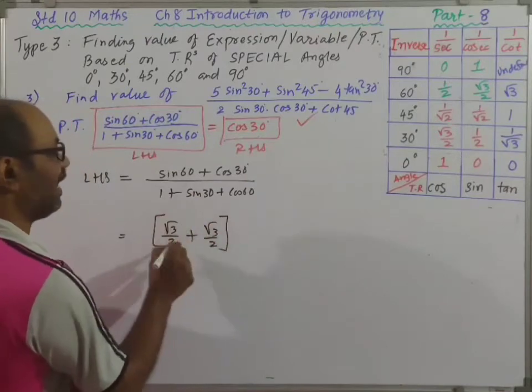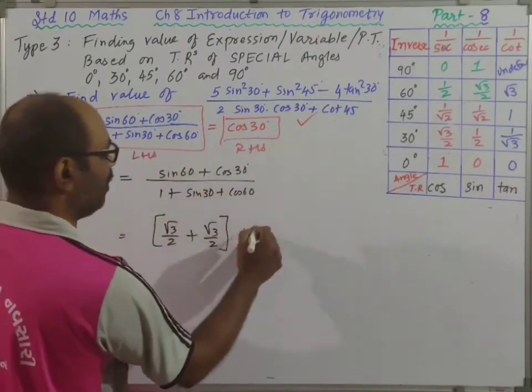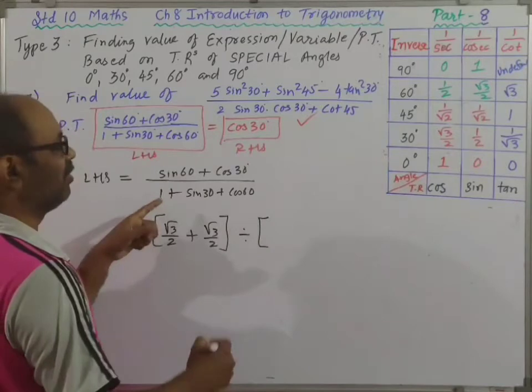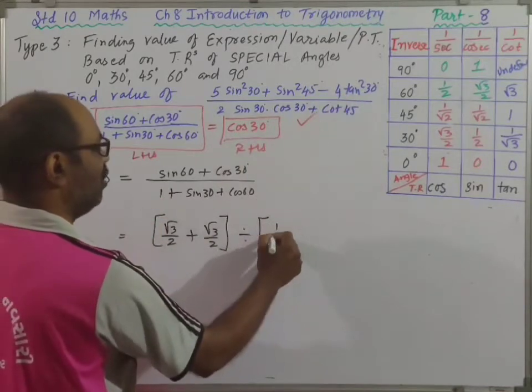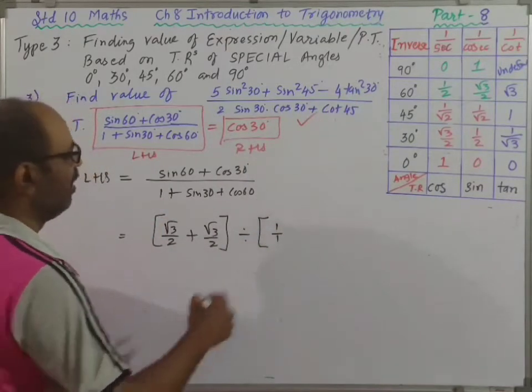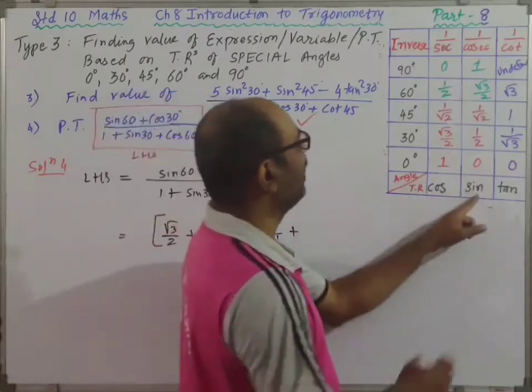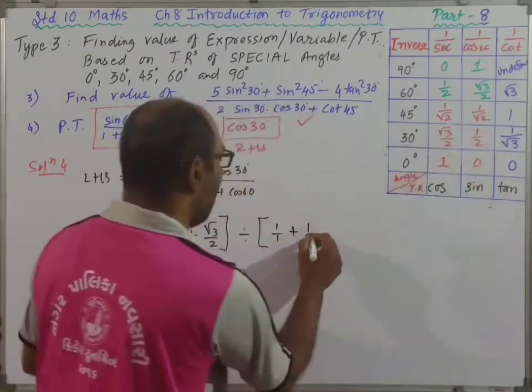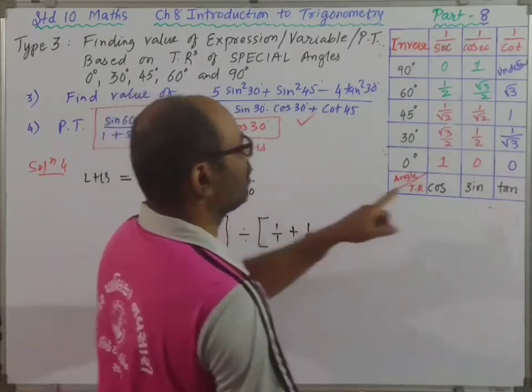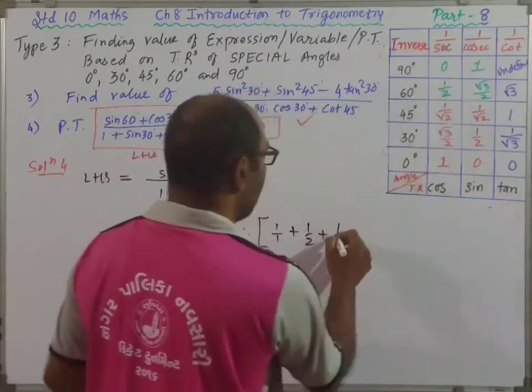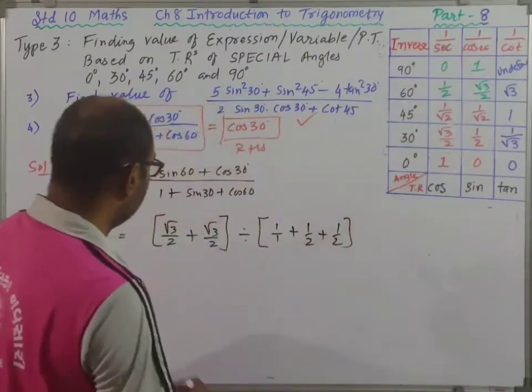Now I am putting the bracket. Whole upon, I am putting a division sign. 1, as you know, we have to write a fractional value, so we write 1 upon 1. Plus sin 30, that is half, plus cos 60, that is half. Correct? Let's go.